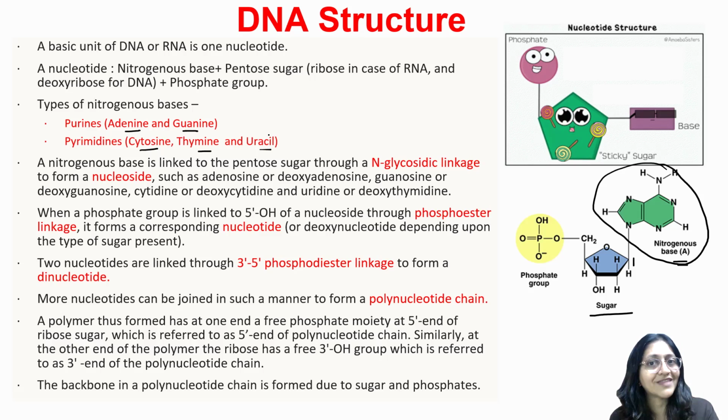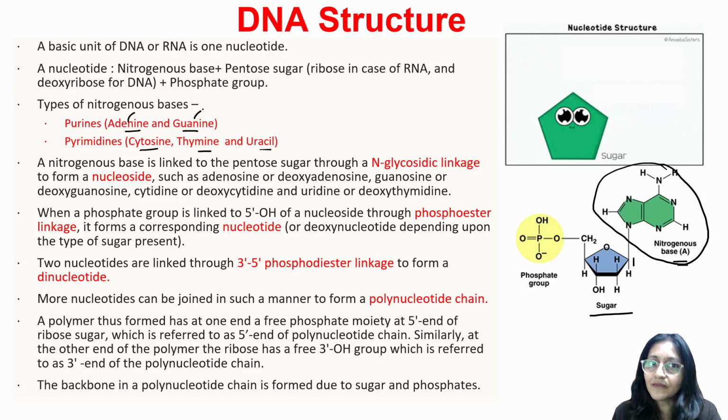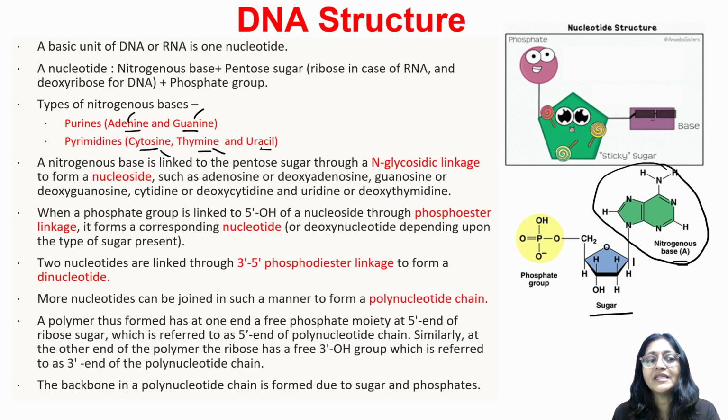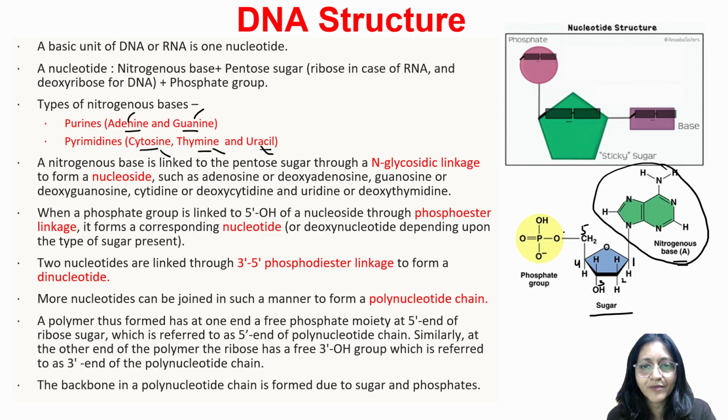On the basis of that, you will have the names adenosine, guanosine, cytidine, thymidine, uridine. So you just change the names. We'll work on the nomenclature of these later on. Then you have this pentose sugar, which has 5 carbons, 1, 2, 3, 4, and 5. At carbon number 5, you have a phosphate. So that is how you give the name.